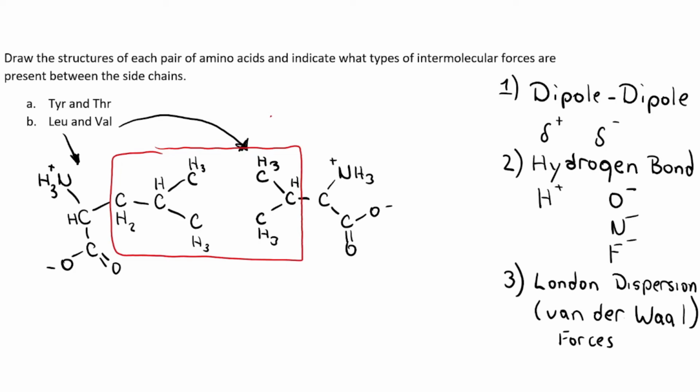This one, B, is going to be London dispersion, is when you have nonpolar molecules being forced close to each other. So what you see is these long chains of carbons being forced together because they're nonpolar, and that's the intermolecular force that causes London dispersion, or van der Waals forces.